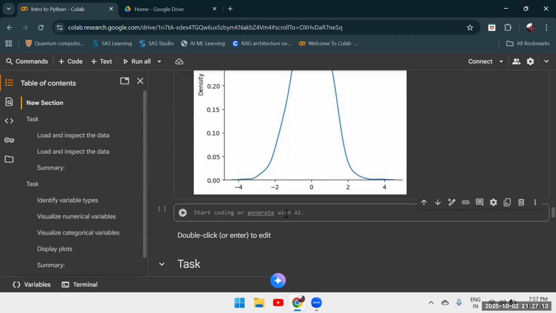Raghav, can you tell me when do we use mode? Mode is used when we want to find the most common value or category in data sets. Yes, exactly.